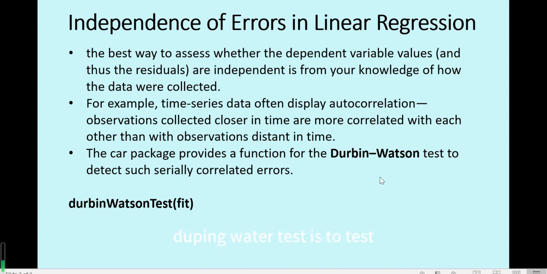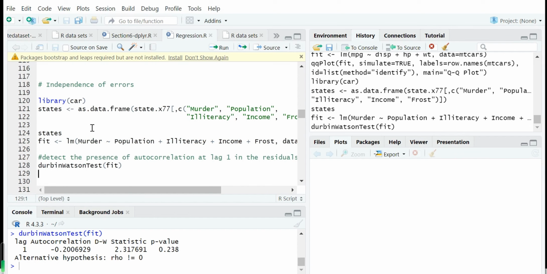The Durbin-Watson test tests if there is one lag correlation between the residuals, or say one lag autocorrelation. In R, we can use the function called durbinWatsonTest from the car package and test the result of a linear regression model. So next we will show how to do this in RStudio.